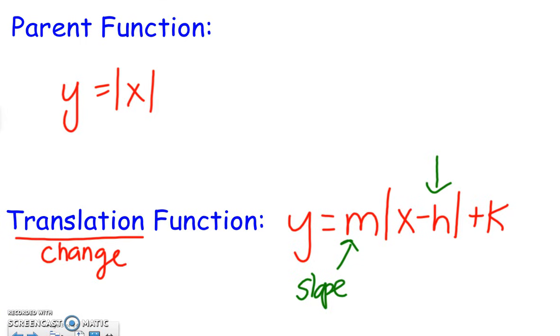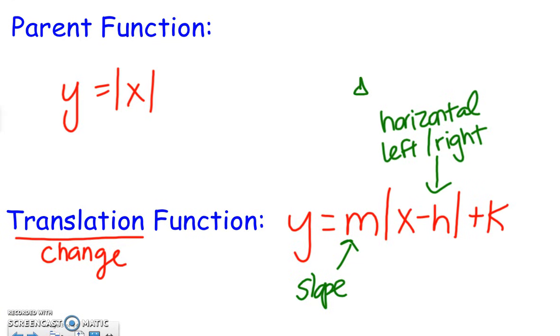This h is going to stand for horizontal, and that means left or right. Remember, you have to change your sign. So if that was a -2 in the absolute value bar, you would have to change that to a +2 on the outside. Okay? So those absolute value bars change your sign on the inside.